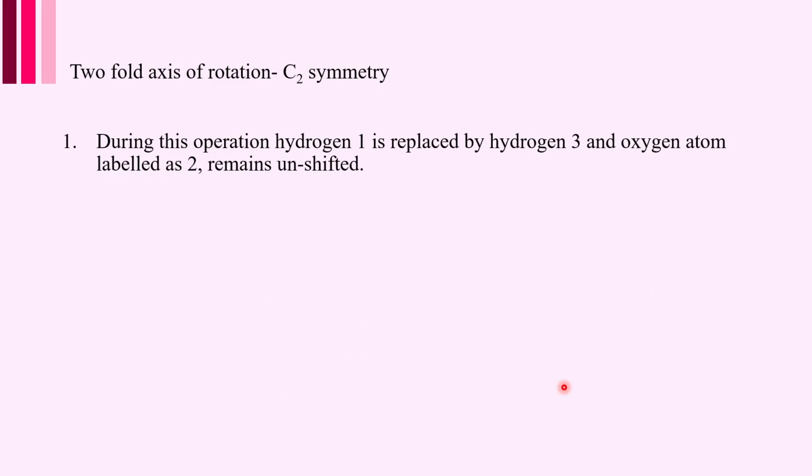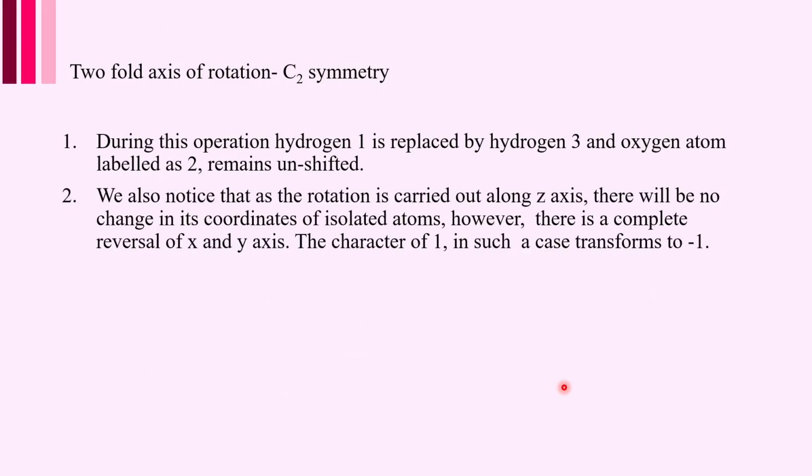Now we have to see how things go on under a C2 symmetry. For a C2 matrix for the water molecule, it has to be written as this. When we rotate along the z-axis, the coordinates of z do not alter, but the coordinates of x and y are transformed. So they are -1 and 1 for one simple molecule.